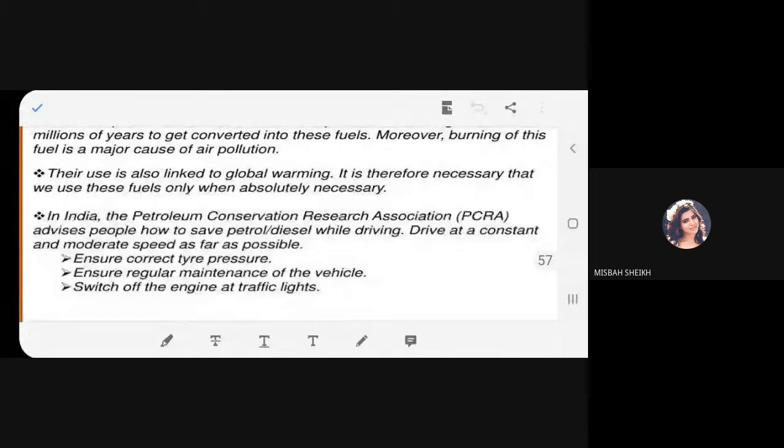And when you see the red light at the signal, generally we keep our vehicles on. The engine is on. Am I right or not?